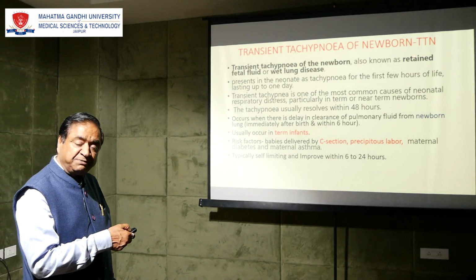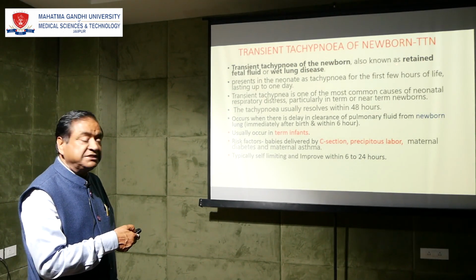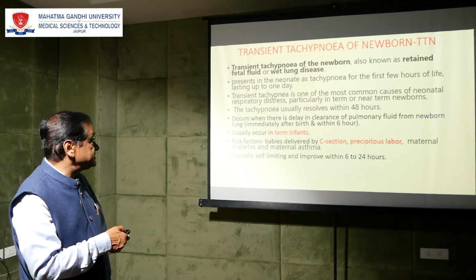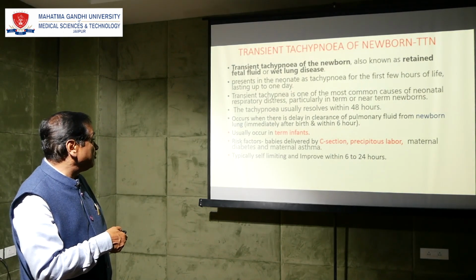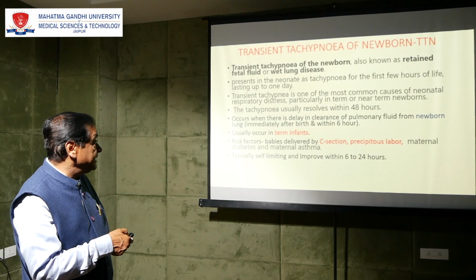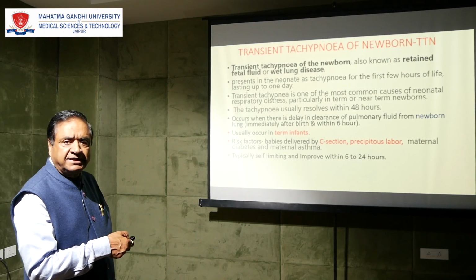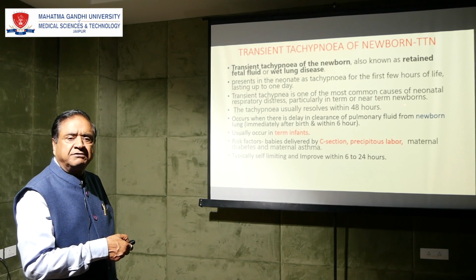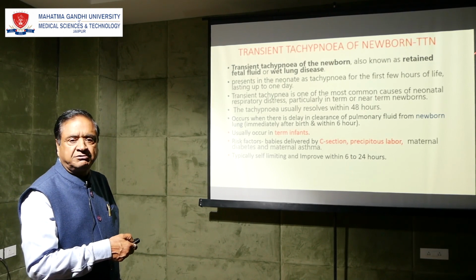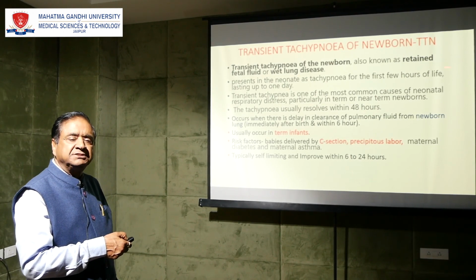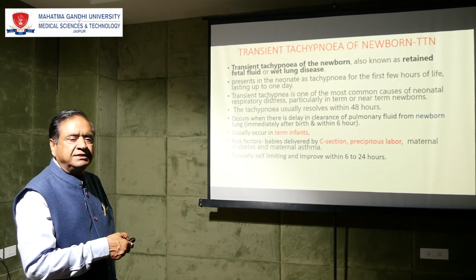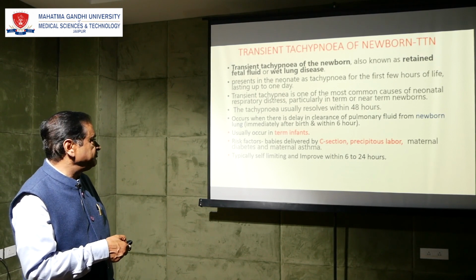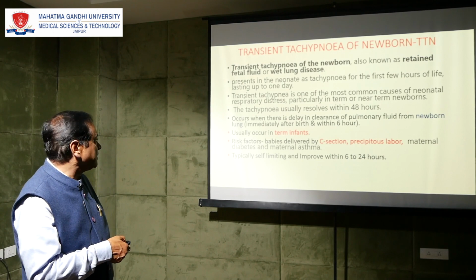As soon as the patient is delivered, we find that the patient has tachypnea, generally in the form of respiratory distress, seen particularly in term and near term infants. But this disease remains up to 48 hours or maximum up to 72 hours. After 72 hours, this disease automatically regresses and the infant is cured.